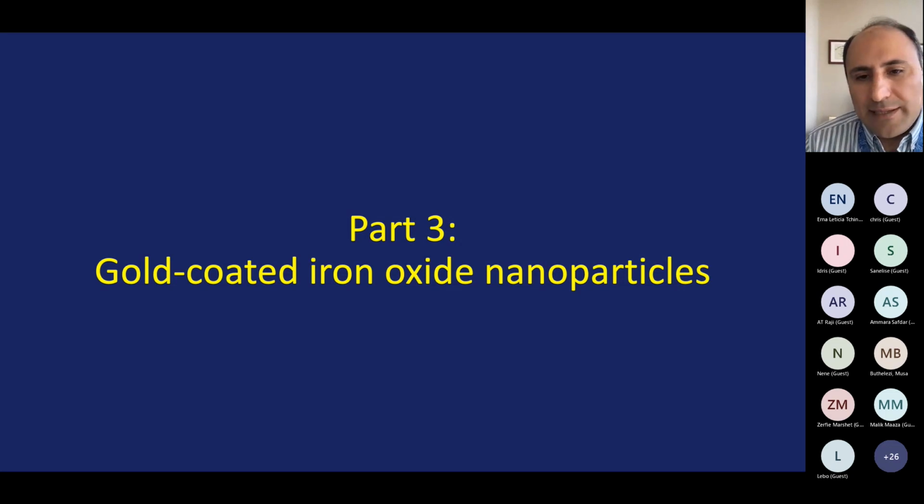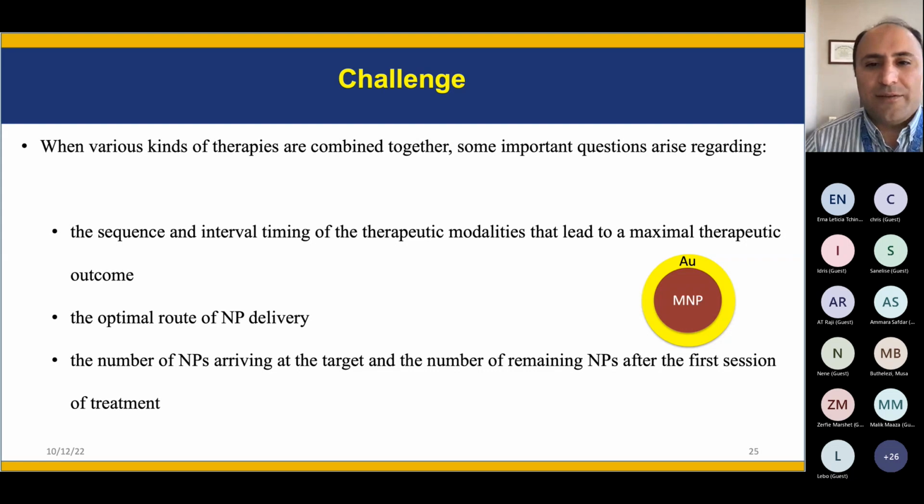And finally, the last part of my talk today is to combine gold and iron oxide, and we make one single nano platform that contains both gold and magnetic nanoparticle.